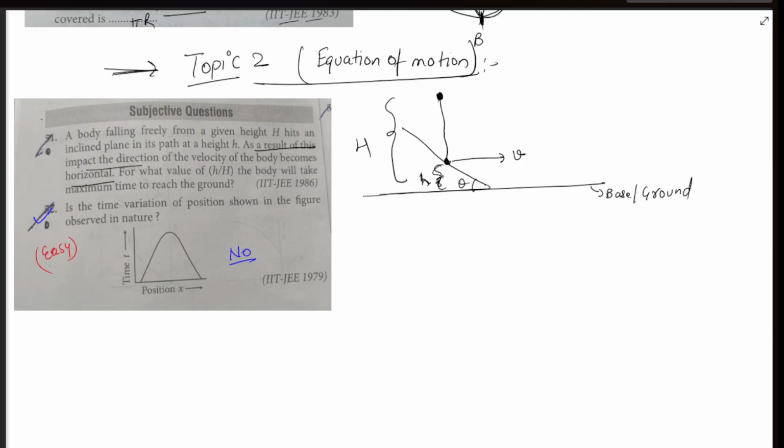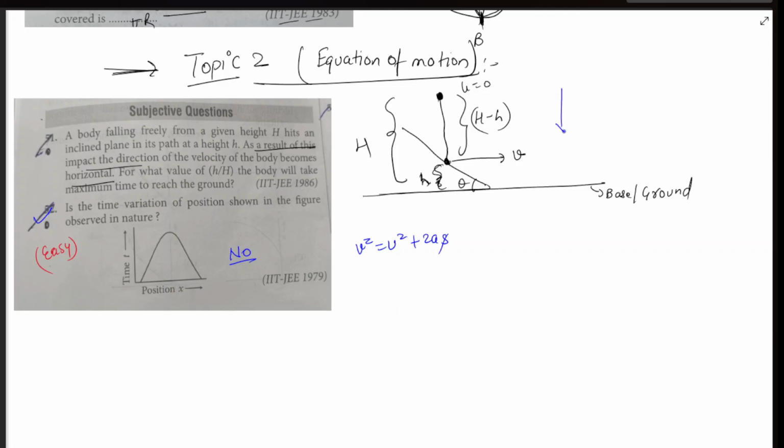This is a pretty easy question. The distance covered is H minus h. I can find the velocity using the third equation of motion. Initially u is 0, and it dropped H minus h. The third equation is v square equals u square plus 2as.